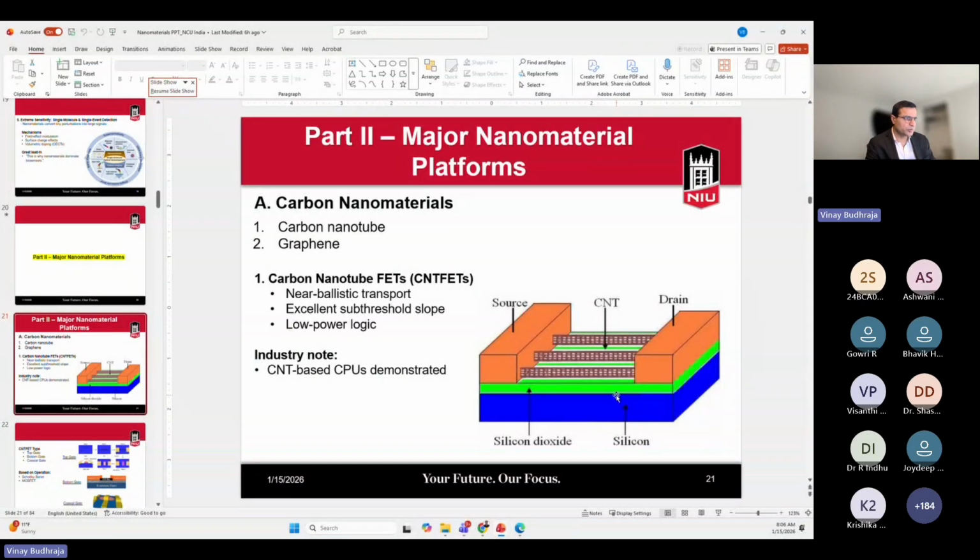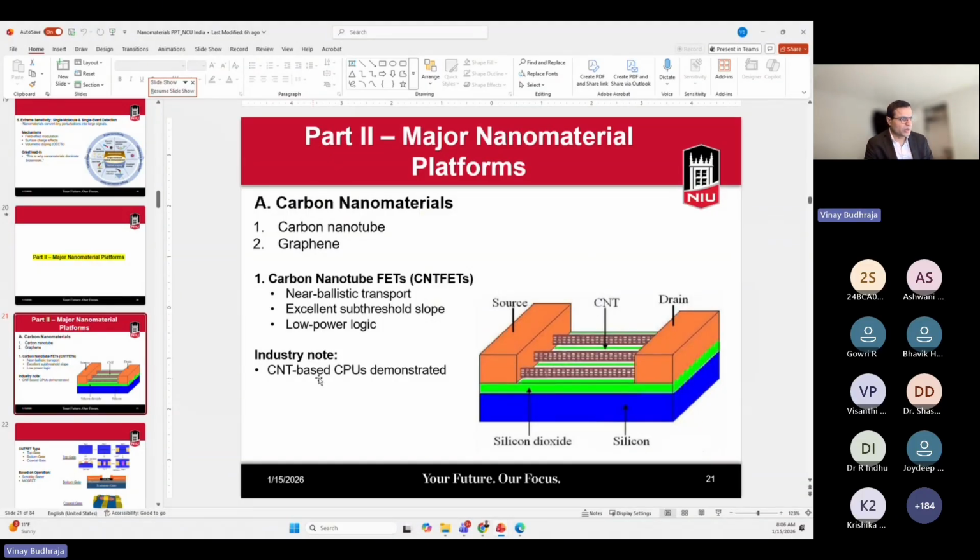The semiconductor you use in a traditional MOSFET is the bulk semiconductor, right? And in the nanomaterial-based FET, you replace that semiconductor with thin films. This example shows the semiconductor portion being controlled through the carbon nanotube.